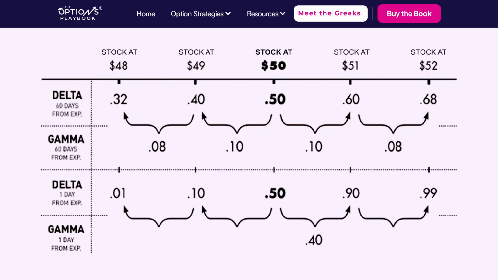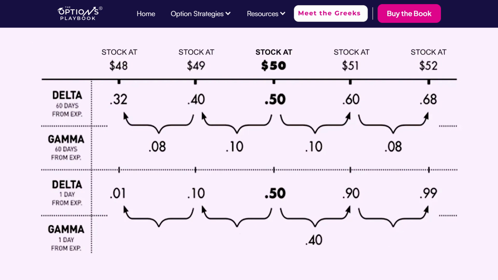So if the delta is 0.50 on that at-the-money 1 day option contract, the stock goes up 1, and now our delta is going to be 0.90, meaning that for every point the underlying stock moves deeper and deeper in the money, this option contract is going to act a lot like that underlying stock.